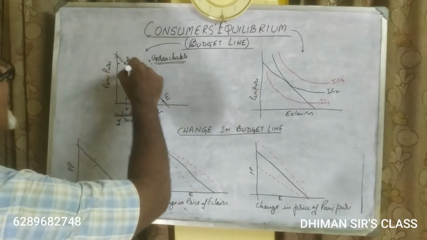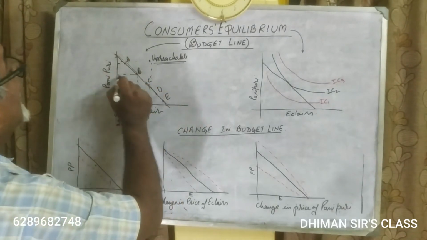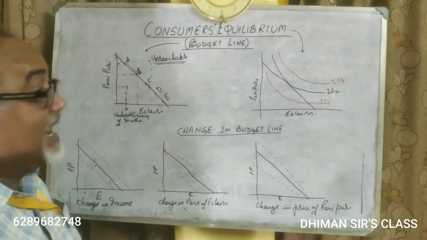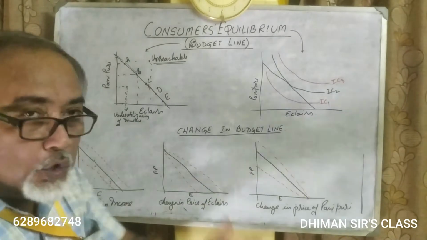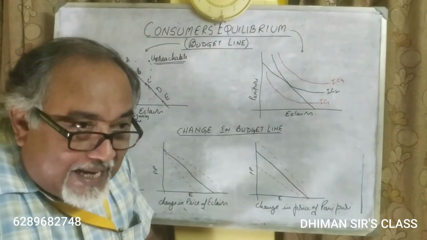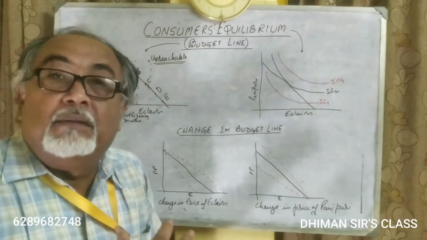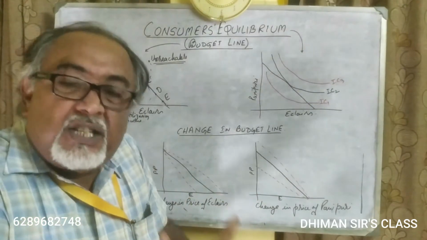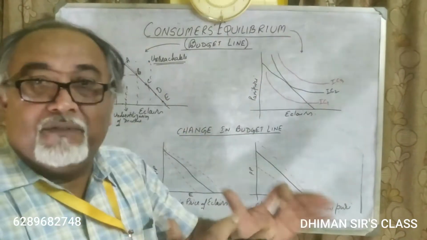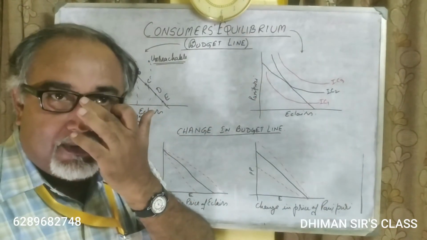That means I will have to spend my money according to my satisfaction, which will give me the maximum satisfaction. At which point should I stay so that I can acquire the maximum utility, and after that point I will stop consuming?